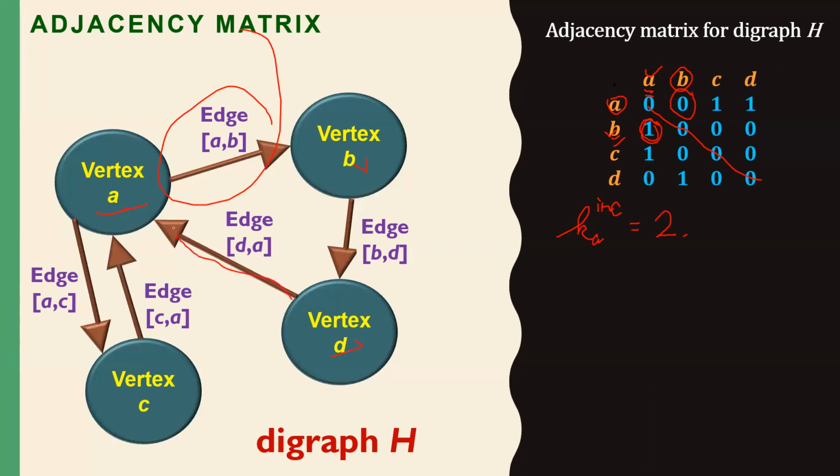Then from C to A, you have 1. Okay, good. So that's a good way to find the incoming degree.